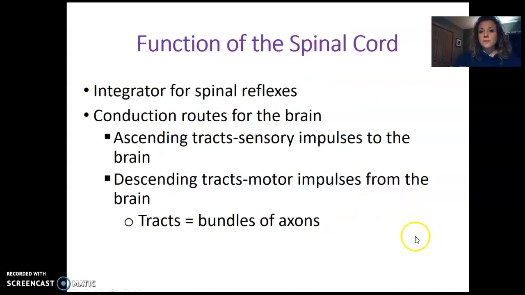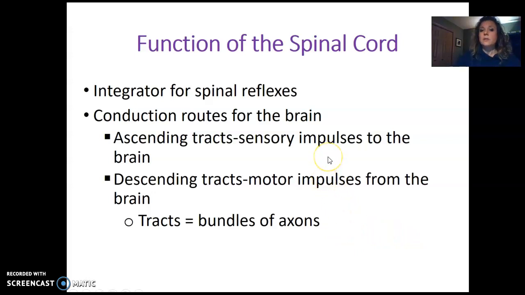The function of the spinal cord is, number one, to serve as the integrator for spinal reflexes. We learned about reflexes in our last unit, and the integrator is the place where a decision is made about what to do with sensory information that's coming in. It's also going to provide conduction routes for the brain.